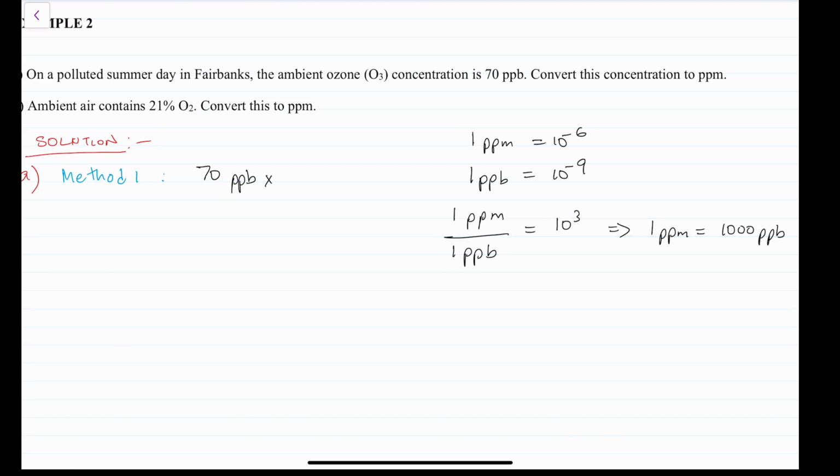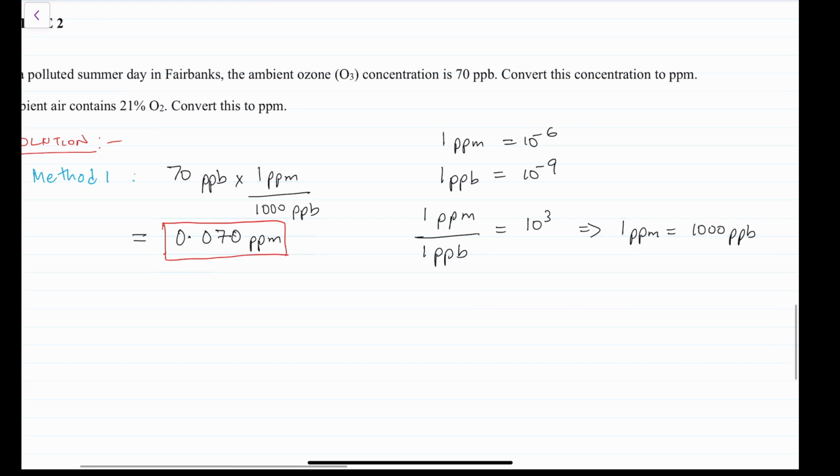So if we use this here, that 1 ppm is 1000 ppb, that gives me that this is 0.070 ppm, right? So we basically use some of these relationships and apply them here.